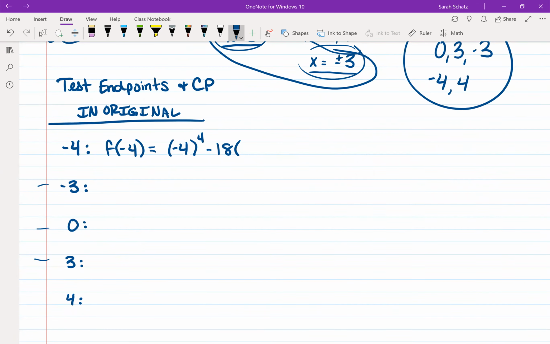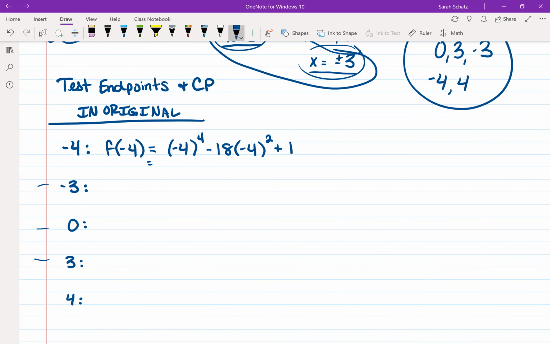And then I have to work this out. So let's see, what is 4 to the 4th? That negative's going to go away because I'm taking it to the 4th, right? So 4 times 4 times 4 times 4, so 256, minus, this negative's going to go away also, but this one's going to stay.